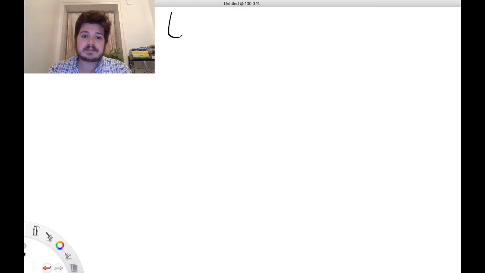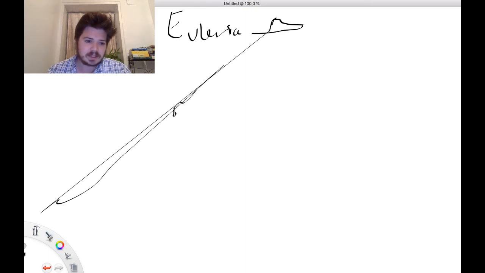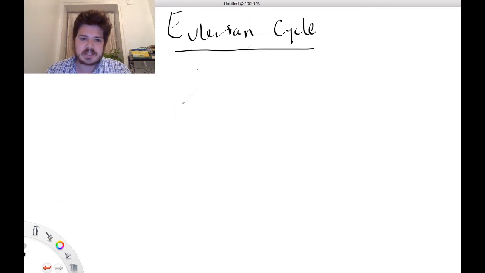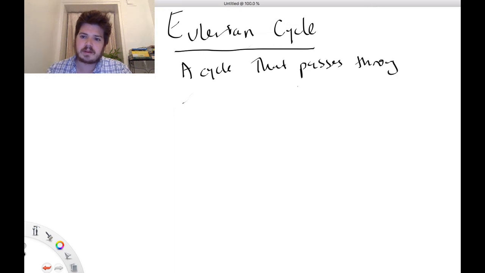An Eulerian cycle, based on the previous definition, is a cycle that passes through every edge once.